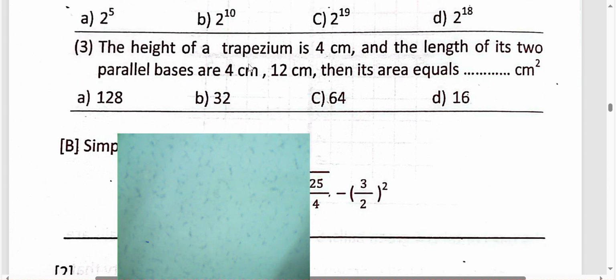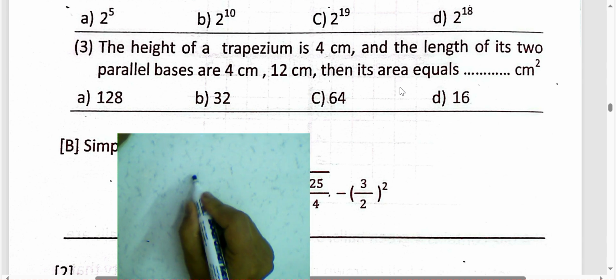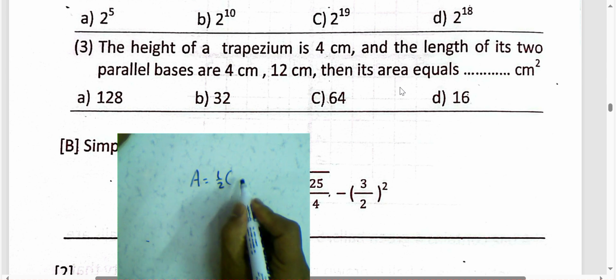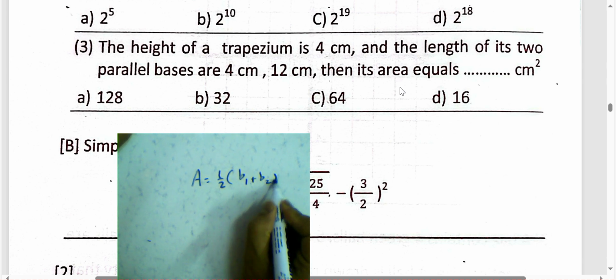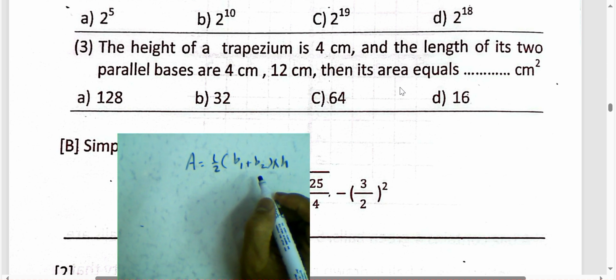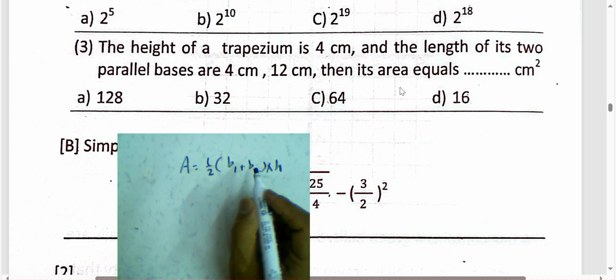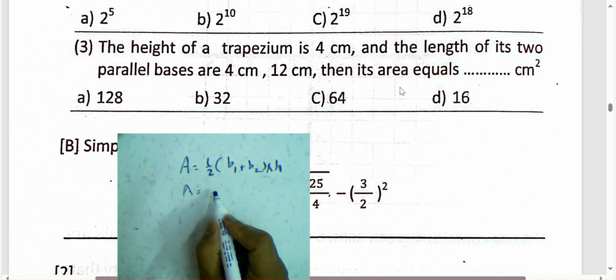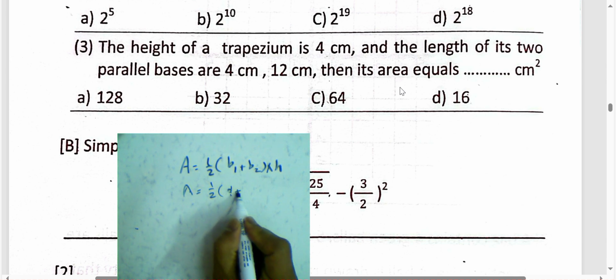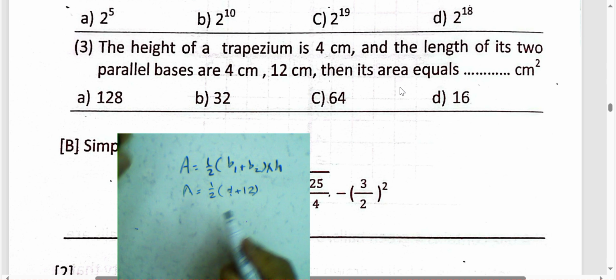Next question. The height of a trapezium is 4 cm. The lengths of the two parallel sides are 4 cm and 12 cm. Then the area equals half the sum of the two bases, multiplied by the height. We have two parallel bases, 4 and 12.